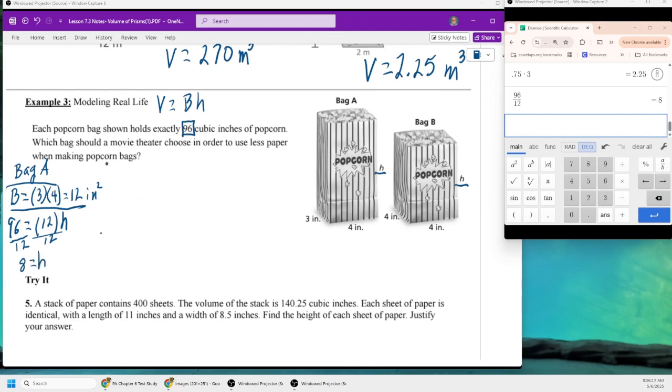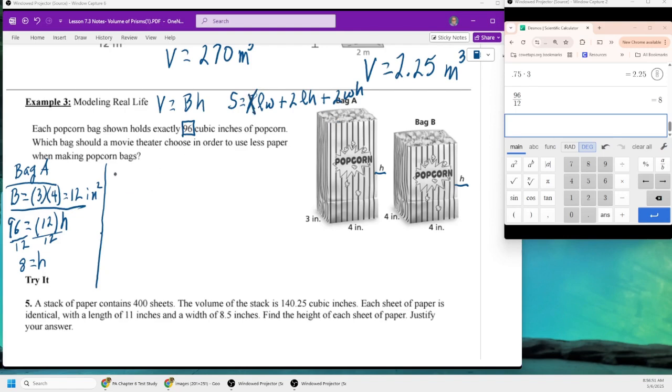So now that we know that, we can find the surface area. So remember that the surface area is 2 times the length times the width plus 2 times the length times the height plus 2 times the width times the height. But in this case, because there's no top to these bags, we don't have to do that too.